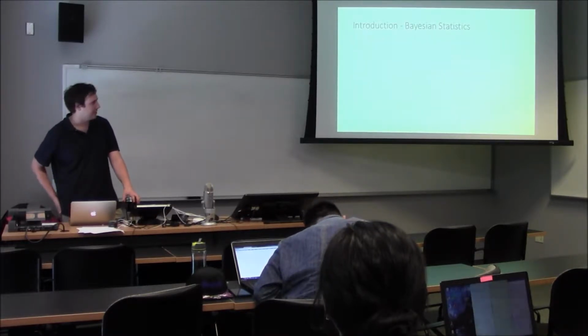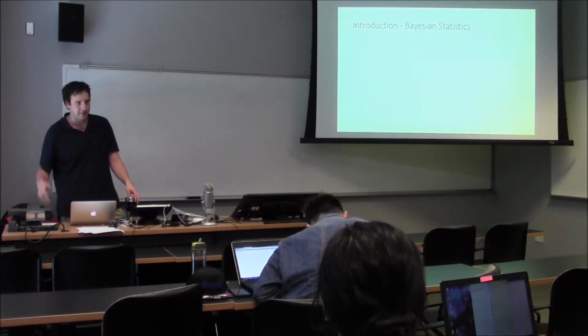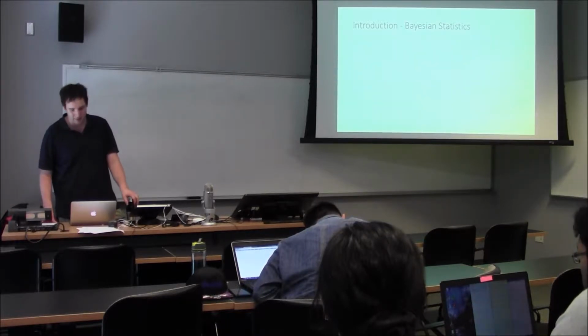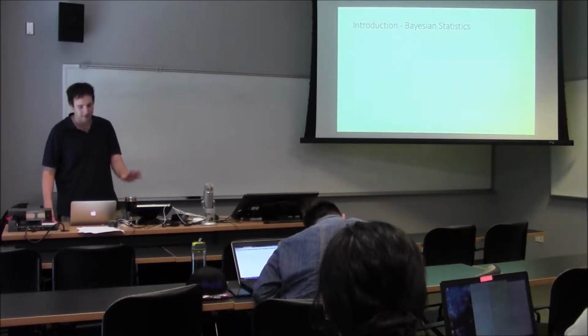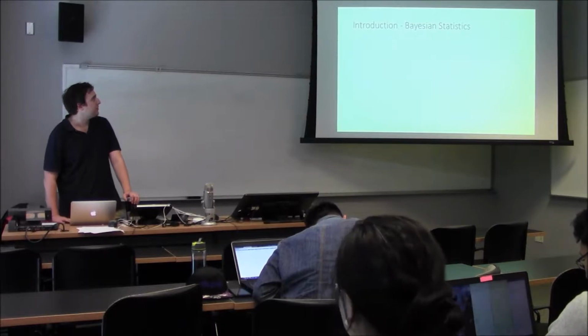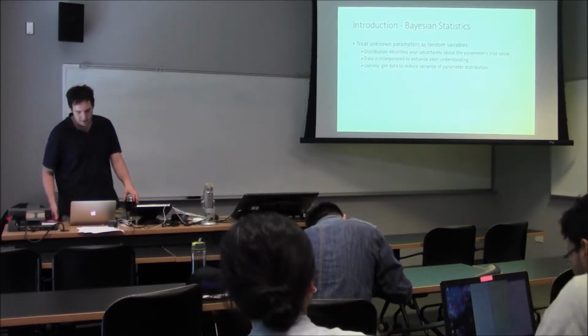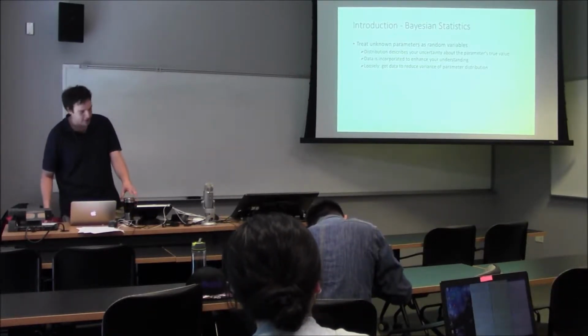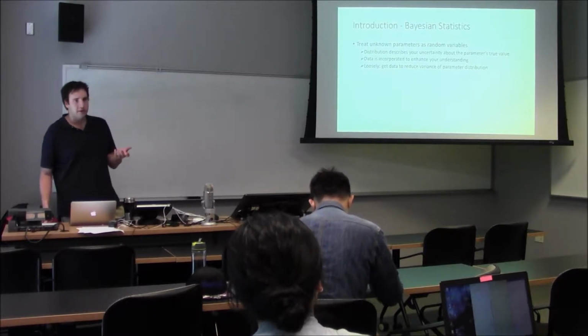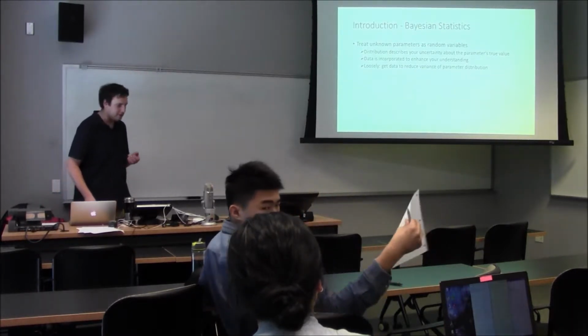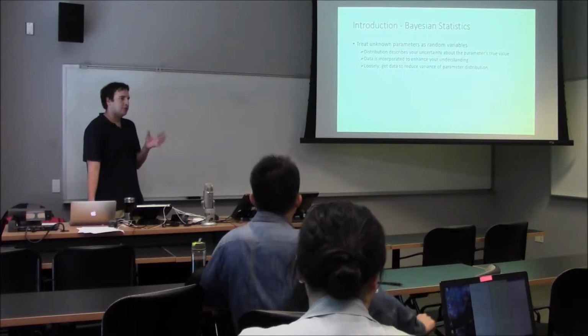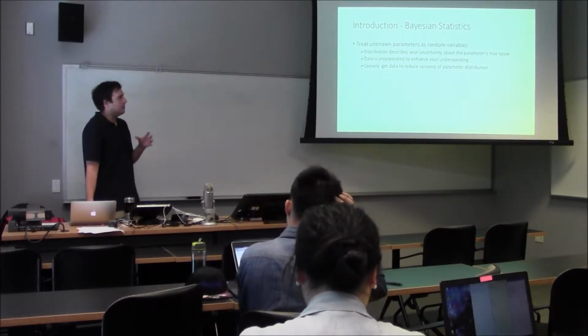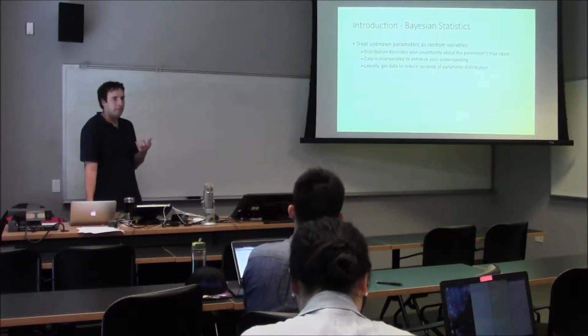So this is a very, very basic introduction to ABC. To start off, I wasn't sure if some people here have had a lot of exposure to Bayesian statistics, so I just wanted to mention a few things first. In Bayesian statistics, you're treating unknown parameters as random variables. Then you use the distribution of those random variables to describe your uncertainty about them.